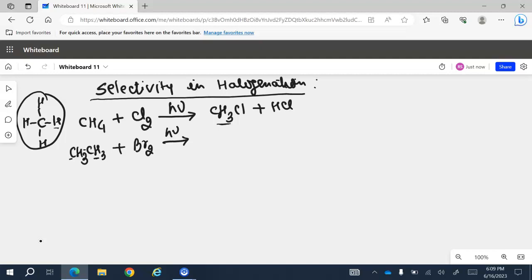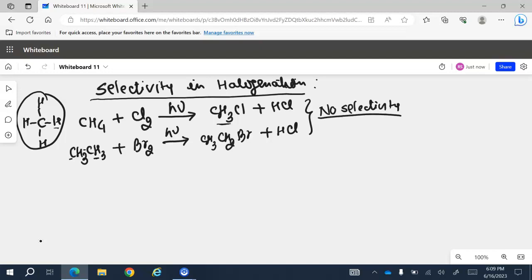Therefore, if you replace any of these hydrogens by bromine, the result will be CH3CH2Br, or bromoethane, and HBr. So there is no selectivity in both of these examples. No regioselectivity is involved.